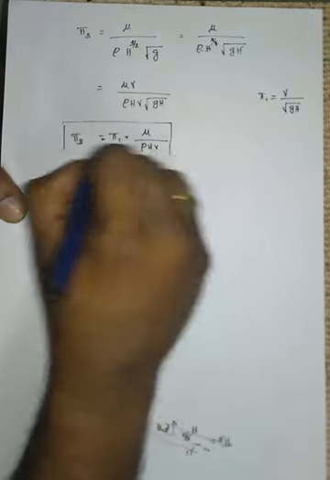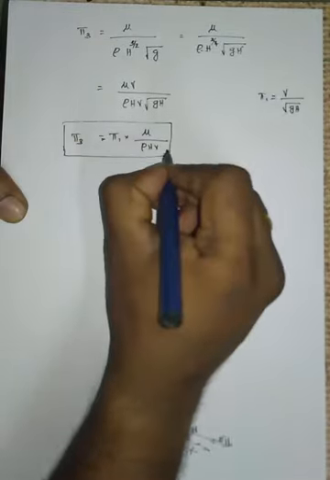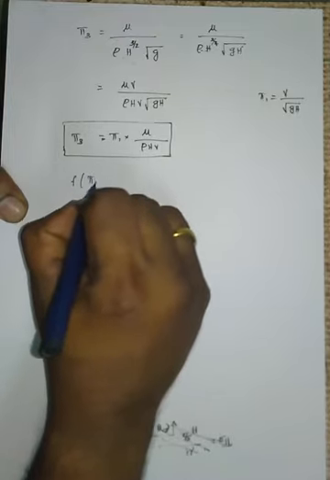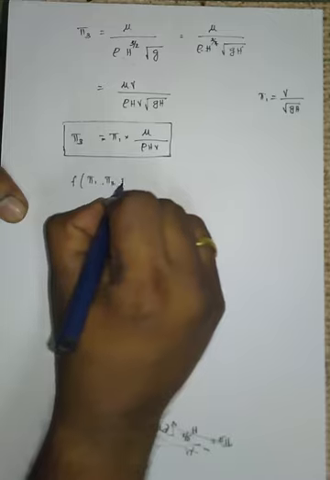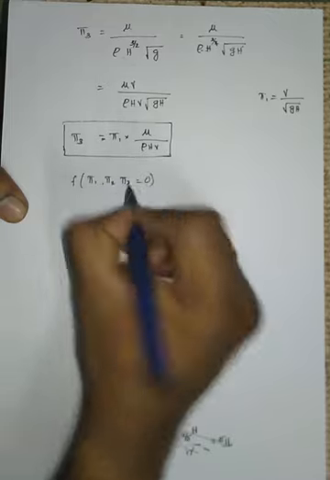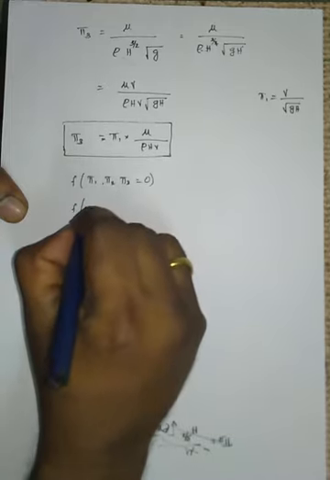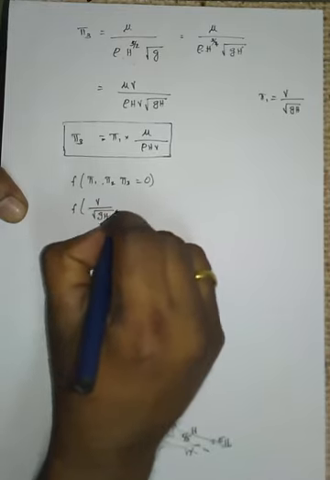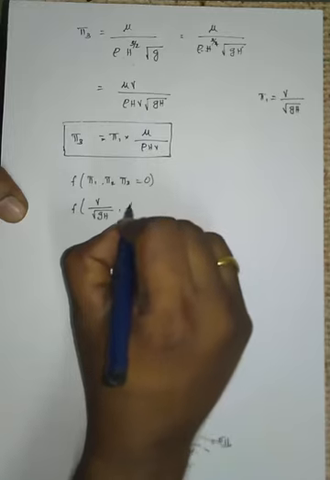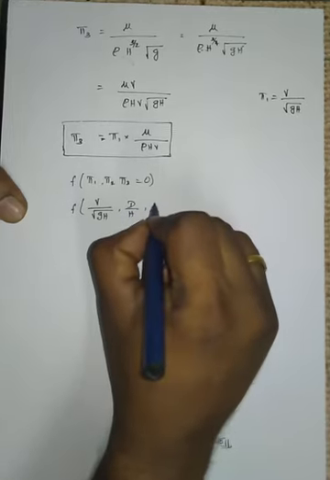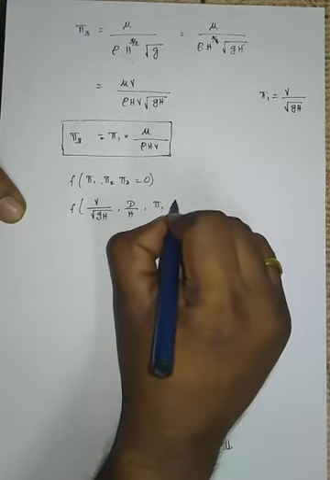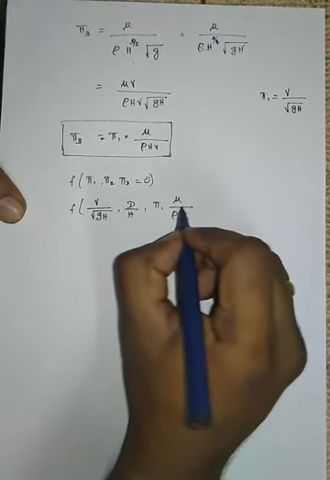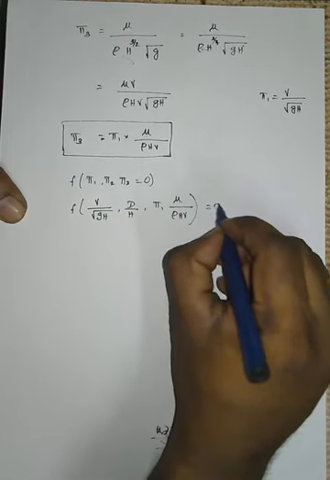Once I have the final pi 3 value, I have to substitute all these equations here. Function of pi 1, pi 2, pi 3 equal to 0. So function of pi 1 is v divided by root of gh, comma pi 2 value is d by h, comma pi 3 value is pi 1 into mu divided by rho h v, equal to 0.